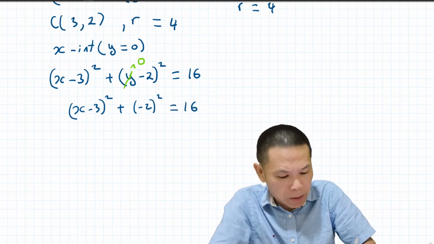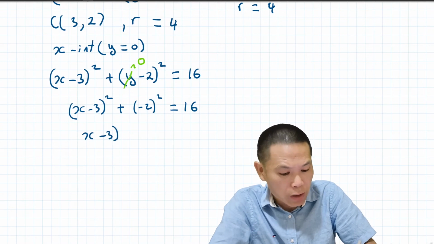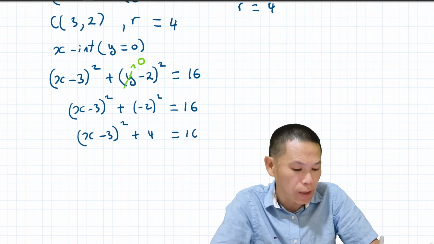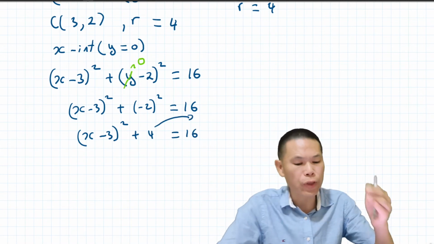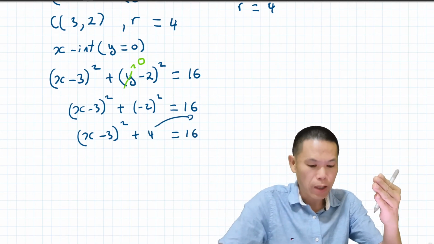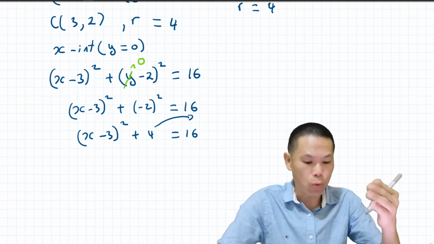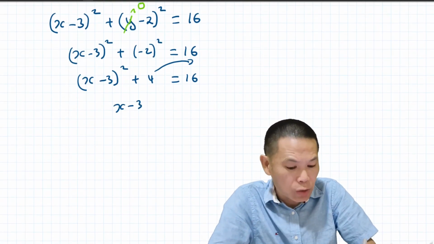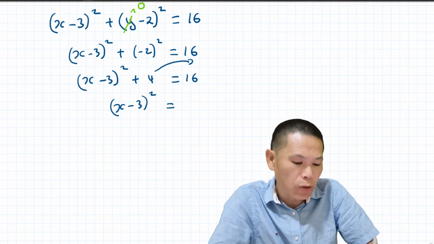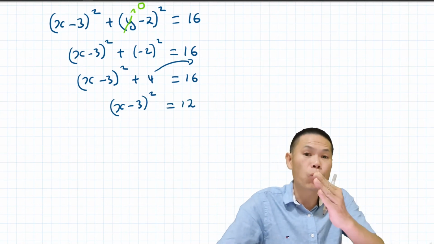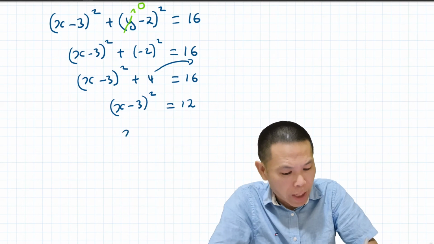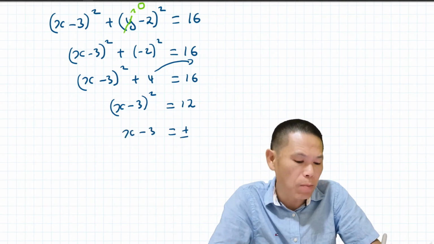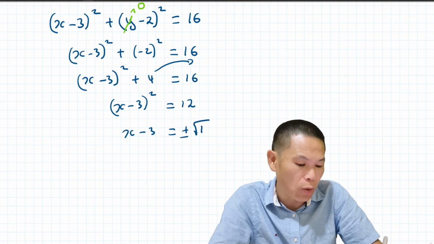Then this becomes (x − 3) squared plus 4 is equal to 16. I move the positive 4 to that side, where it becomes negative, so that gives me 12. So (x − 3) squared is equal to 12, and I square root both sides. So x − 3 is equal to plus or minus the square root of 12.